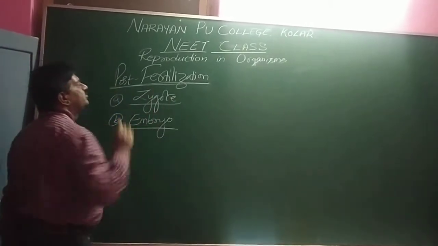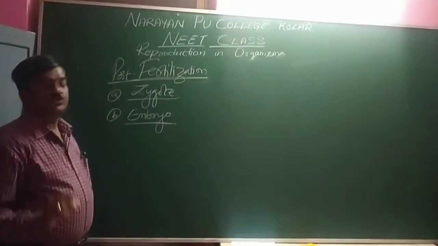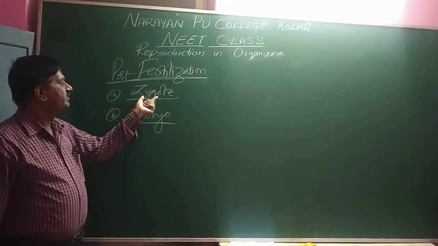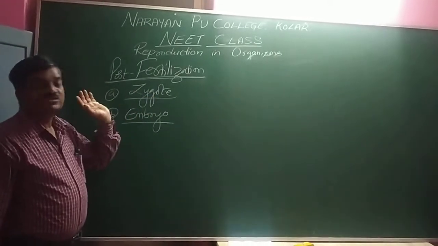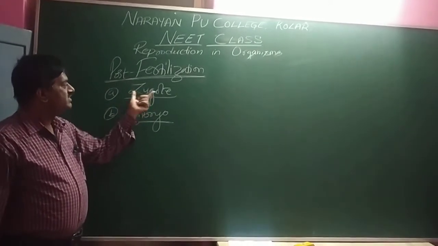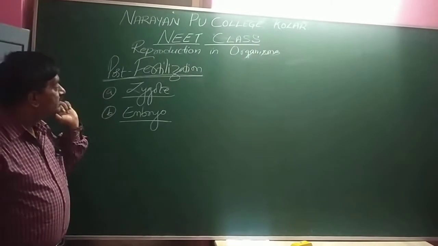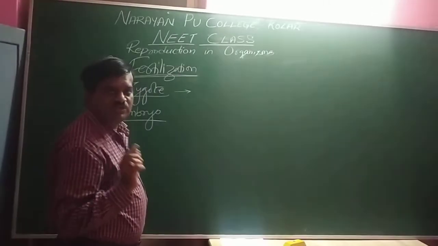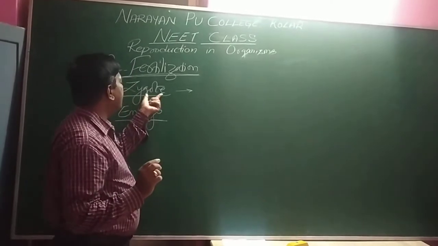First, the word zygote. The fusion of a male gamete and a female gamete leads to the formation of a zygote. The zygote is formed by the fusion of male and female gametes.